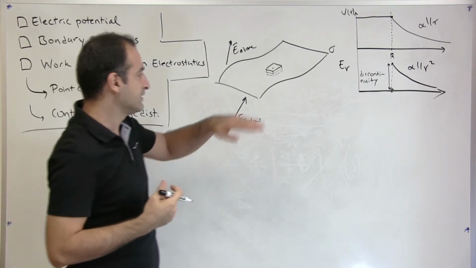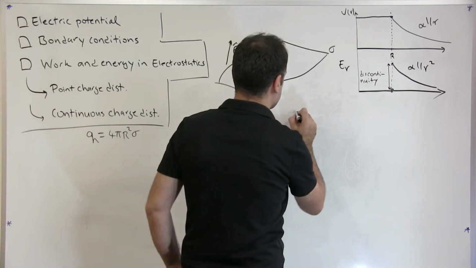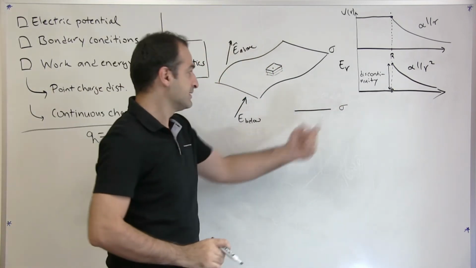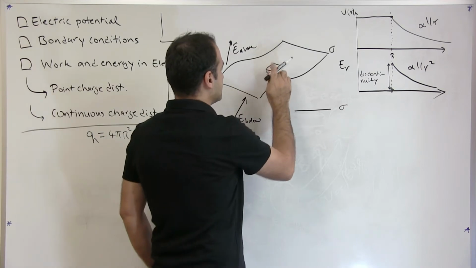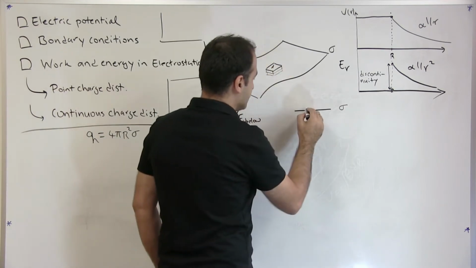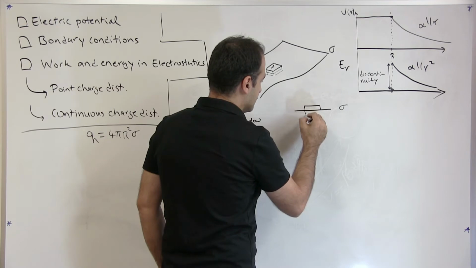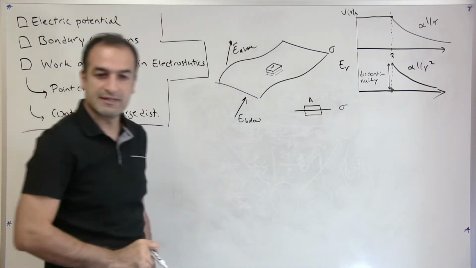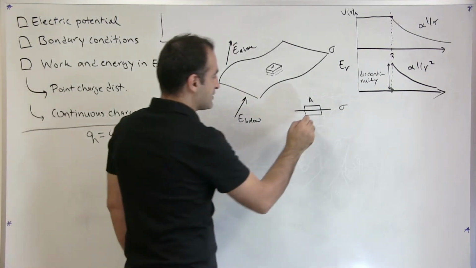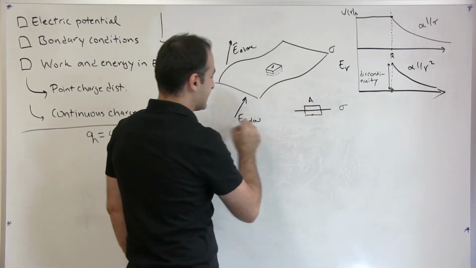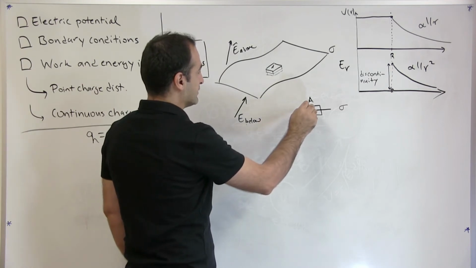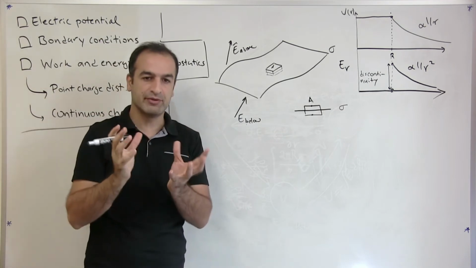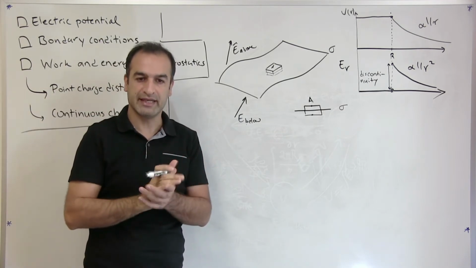Okay, and if I want to look at the cross section of that, I can look at the surface that has surface charge density, and this box, let's say with an area of A, sitting a tiny bit above the surface with area of A and a tiny bit below the surface, okay? So that if we measure the electric field here, we are looking at E below. If we measure the electric field on the top, we are looking at E above, okay? So is the geometry more or less clear here, what we are looking at?